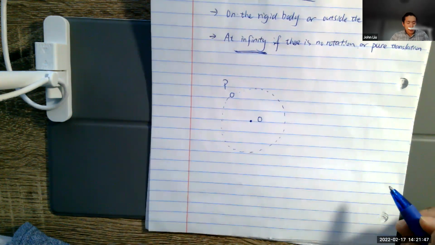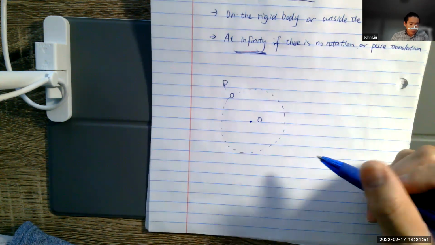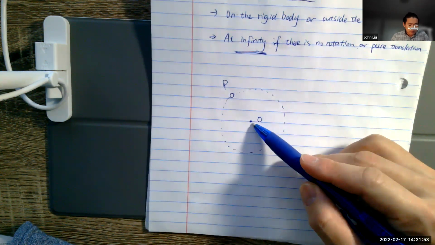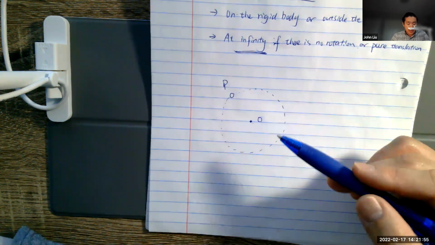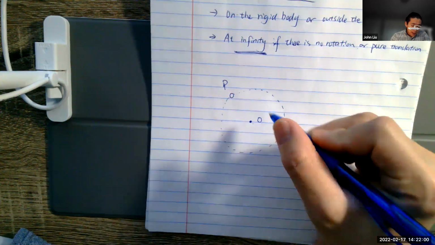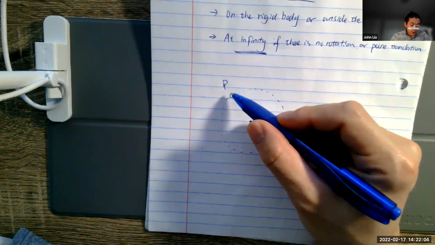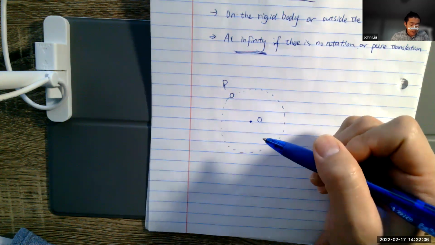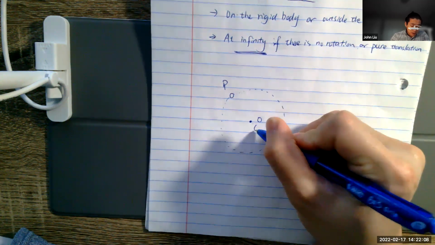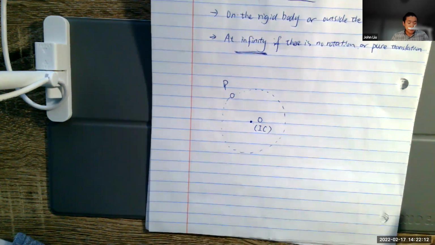So if you know particle P is traveling about point O, then point O must be the center of rotation. If point O is the center of rotation, then point O must be the instant center for particle P at this instant. Point O is our instant center.